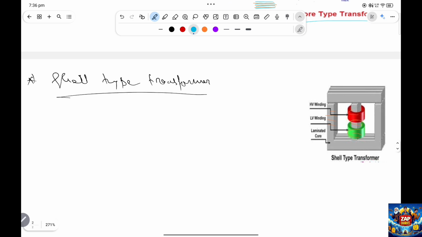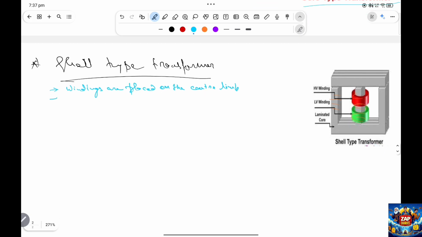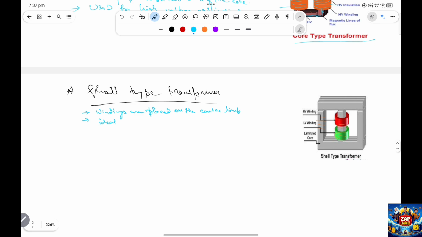So we can write it like: windings are placed on the center limb, and this type of transformer is ideal for better mechanical strength and cooling.